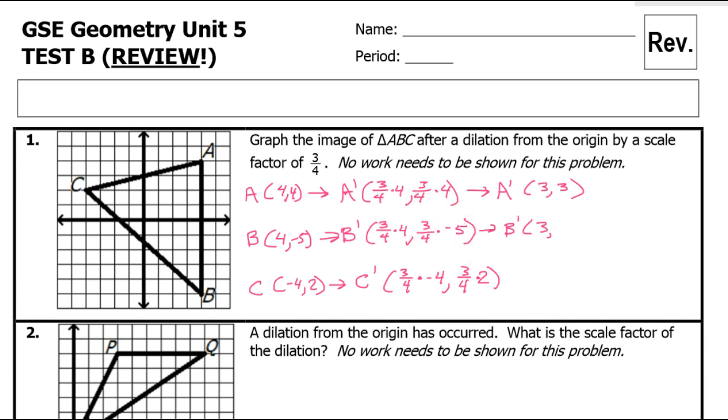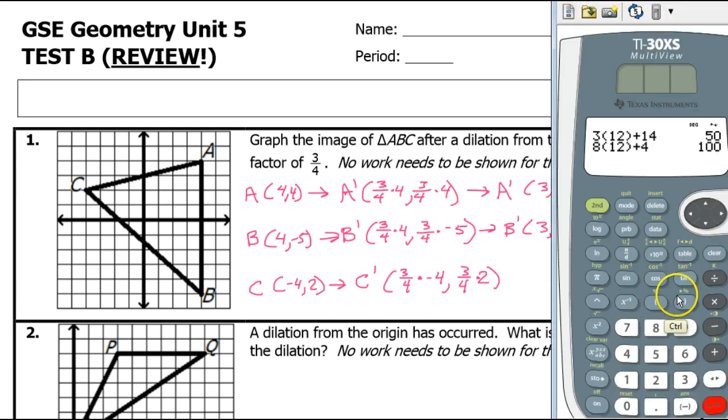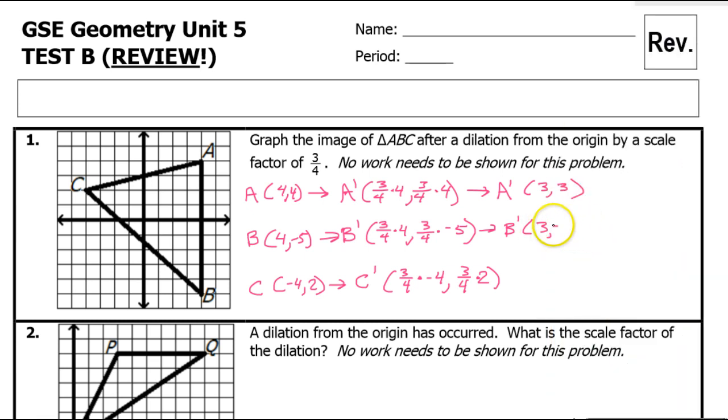Now, the rest of it, I'm going to use my calculator to help me out. So I can do 3/4 times -5. Okay, that's going to give me this fraction. To graph, I'm really going to need a decimal, so -3.75.